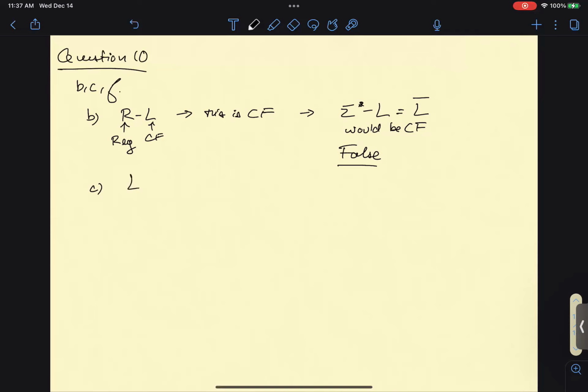So the question here is that L is a language over A, and it's not regular. And then this implies that it's not context free. So someone said it's true. Why do we think it's true?